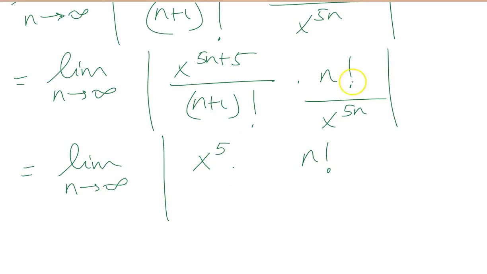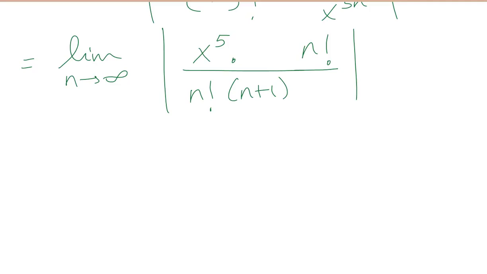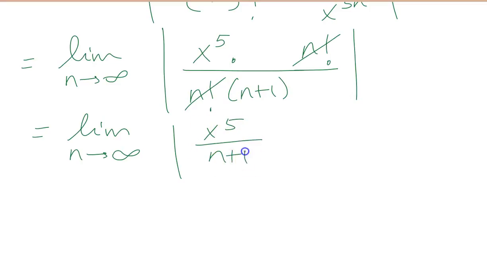Now n factorial is the smaller of the two factorials. n plus 1 factorial rewritten is n factorial times n plus 1. Okay, now when you simplify, what are you going to get for that? You're going to get limit when n goes to infinity, so n factorials cancel. You have x to the 5 over n plus 1.